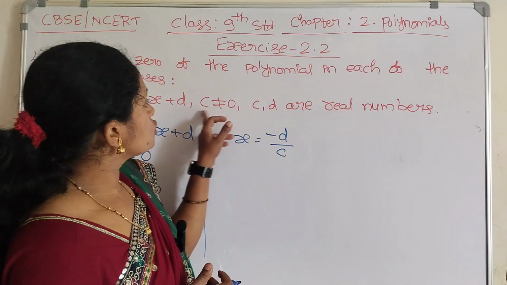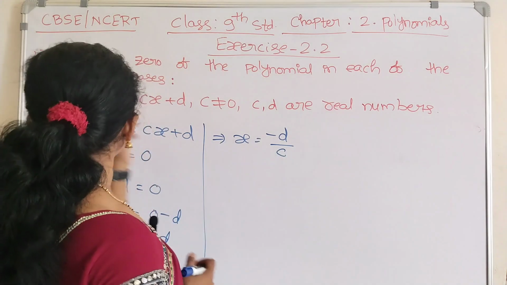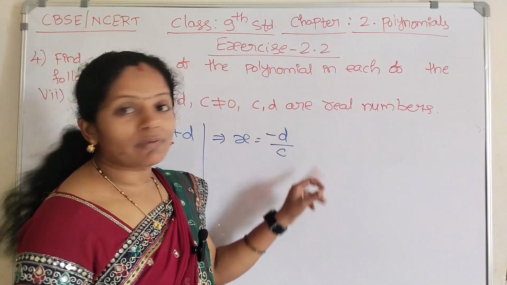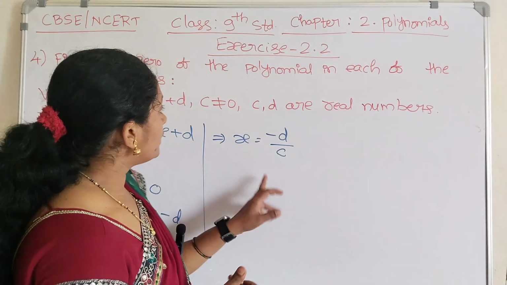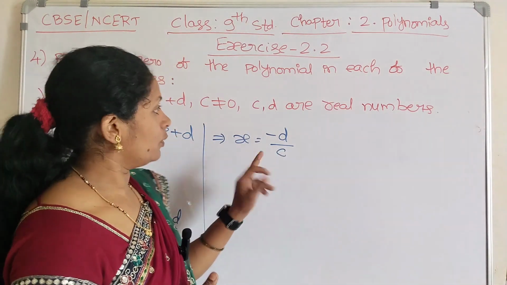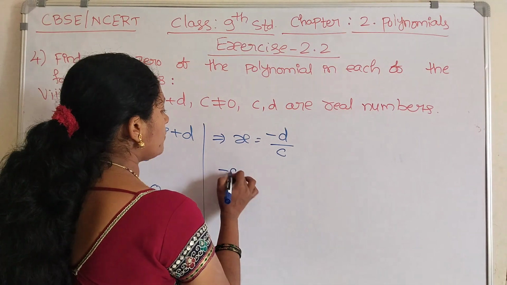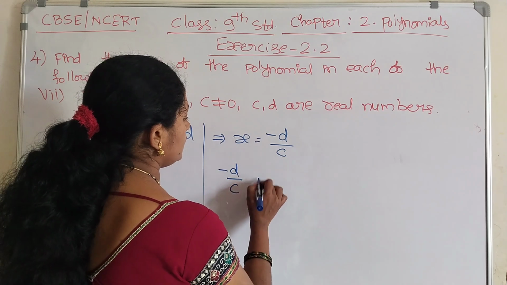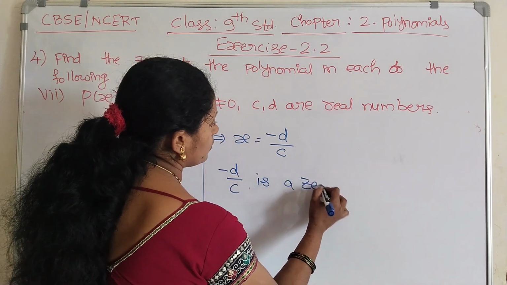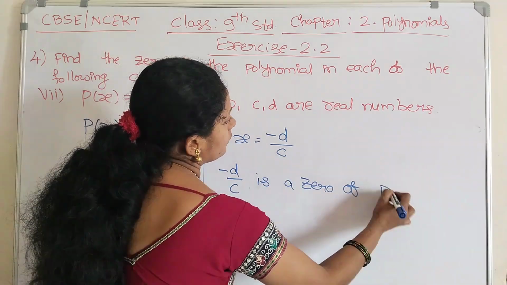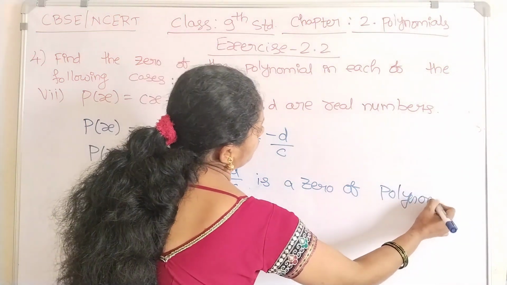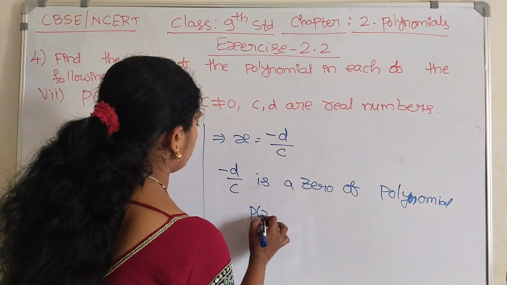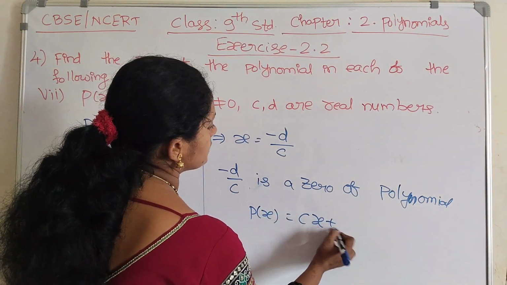Here c should not be 0. In the earlier case also we got the same type of situation. There was 0 divided by a, where a is not equal to 0. But here c should not be 0. So we can say that minus d by c is a zero of the polynomial p of x is equal to cx plus d.